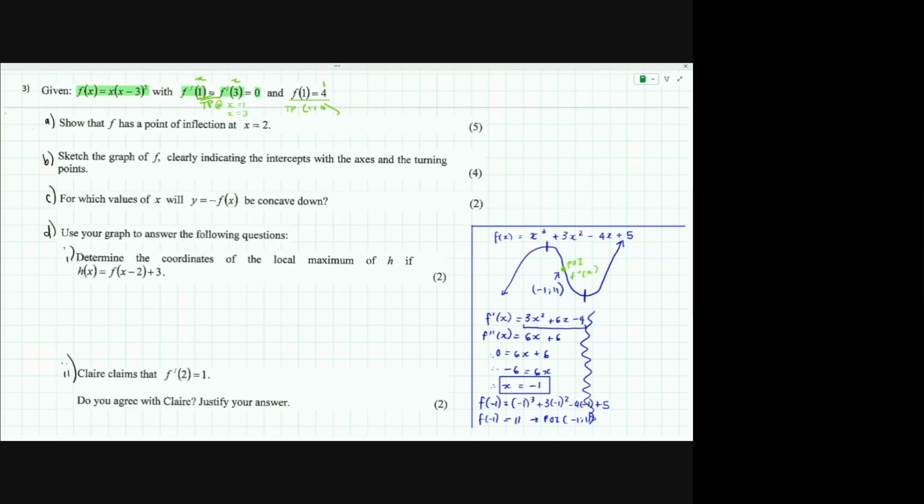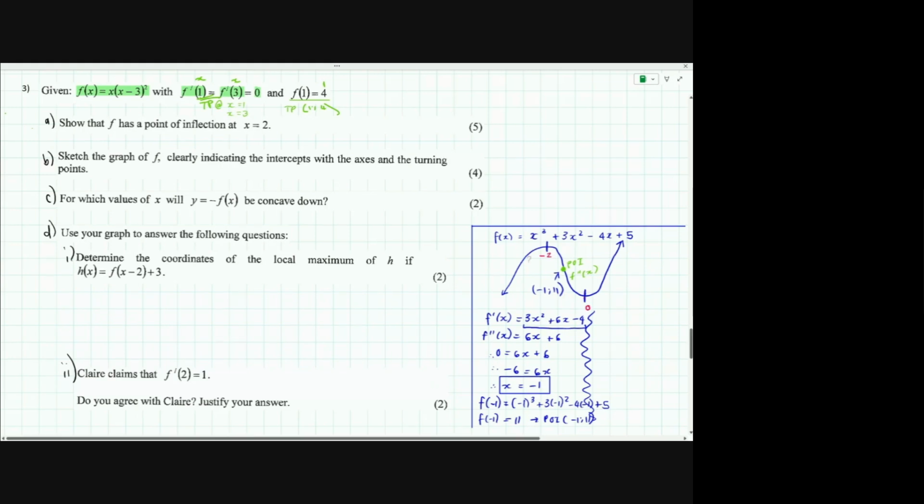So I'm going to make this up because I'm not even sure that's going to factorize. But let's say, for example, this was at negative 2 and 0.